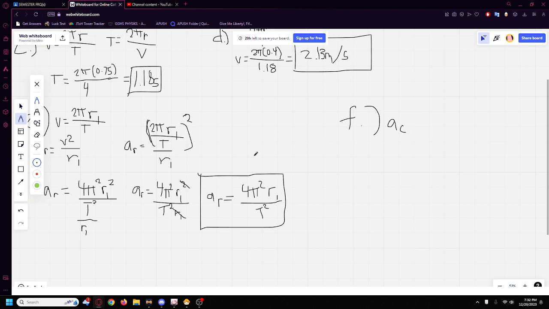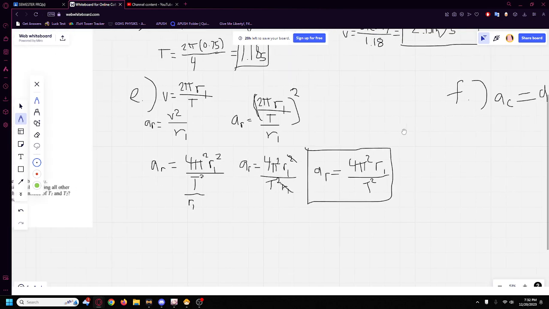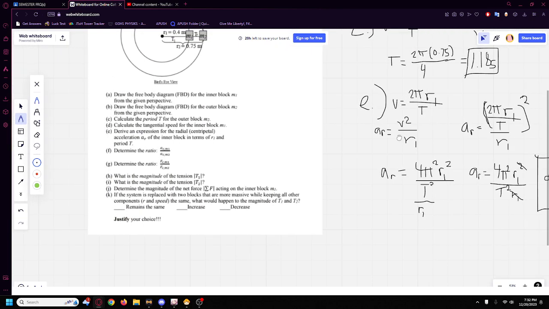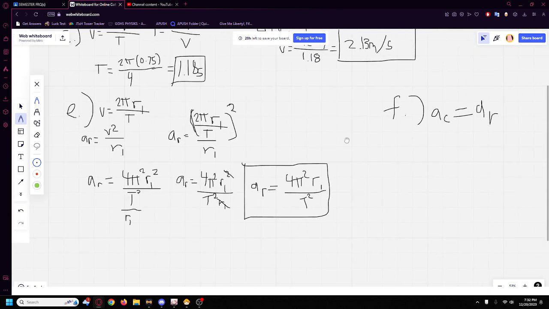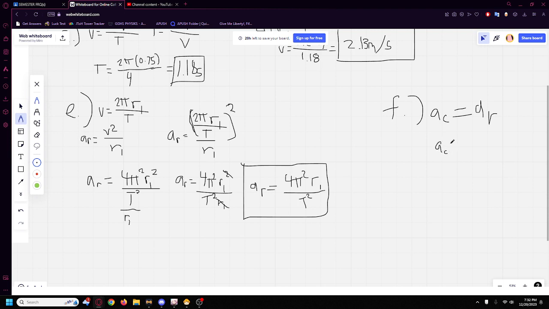So we know that a_c and a_r are equal to each other, and we know that a_r is 4 pi squared r1 over t squared. And we're looking for a_c of M1 over a_c of M2.